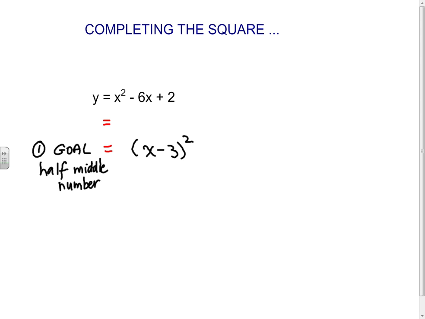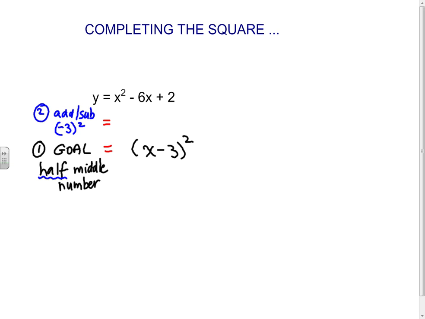That's my first job. My second job is to go back to line 2 and add and subtract this number, this half number, squared. So I'm going to use that specific number.